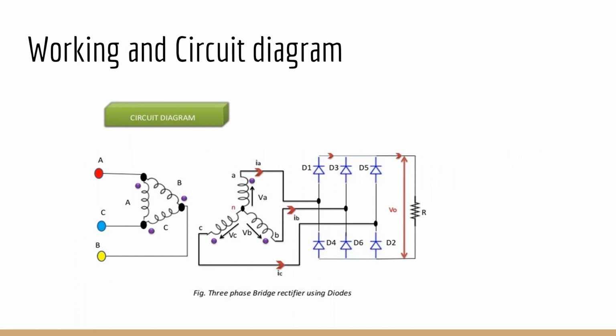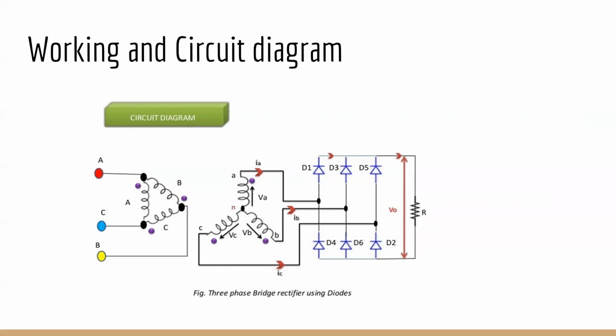In the power circuit diagram for a three-phase bridge rectifier using 6 diodes, as shown in the figure, the diodes are arranged in 3 legs. Each leg has 2 series connected diodes. Upper diodes D1, D3, D5 constitute the positive group of diodes.